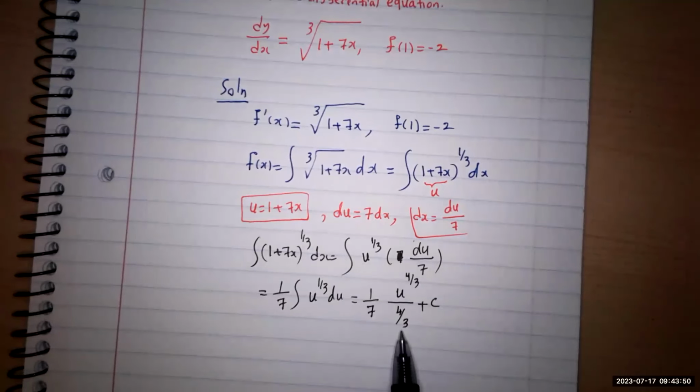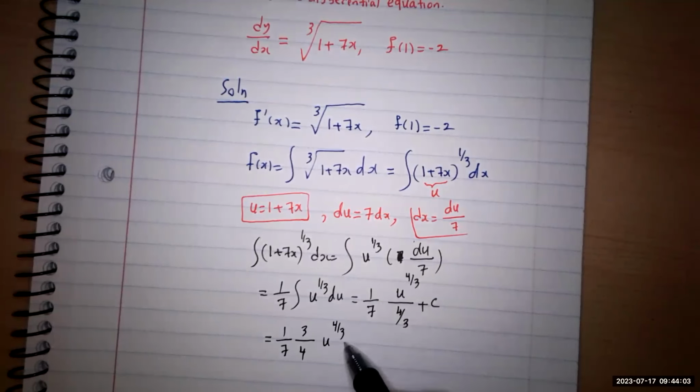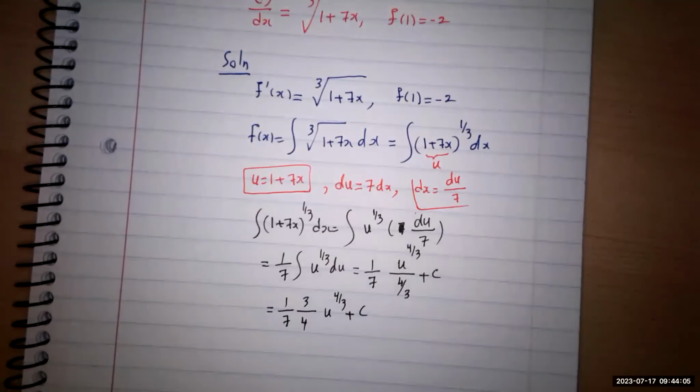But you have to use the reciprocal of the 4/3 to simplify it. So that gives 1/7, and the reciprocal of 4/3 would be 3/4, times u to the 4/3 plus the constant.